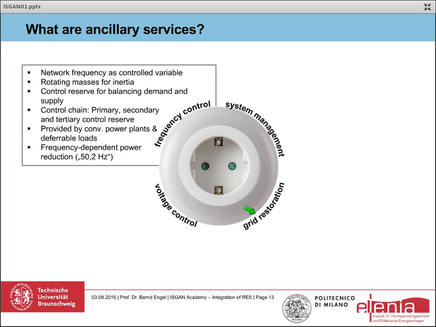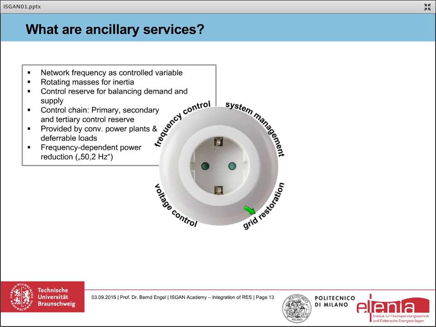Rotating masses of the alternators and the turbines in the conventional power plants, with their inertia, are helping very much in the frequency control. We have a control reserve for balancing demand and supply.